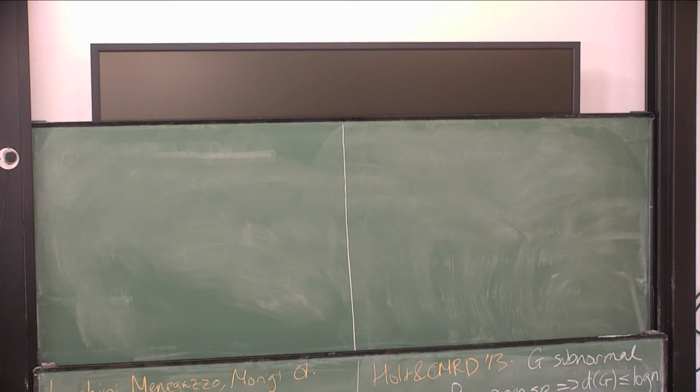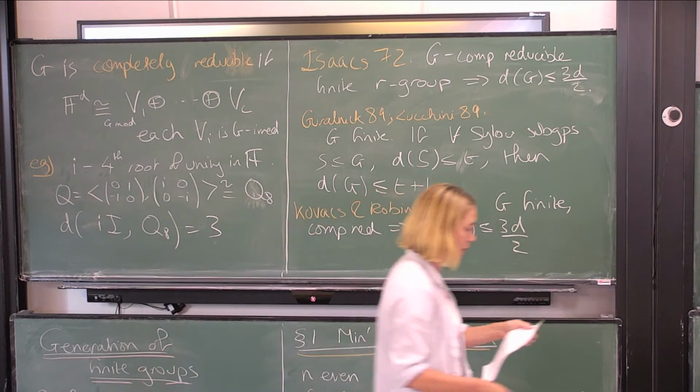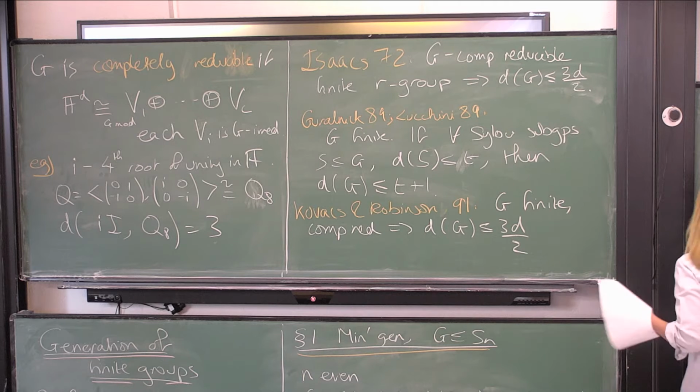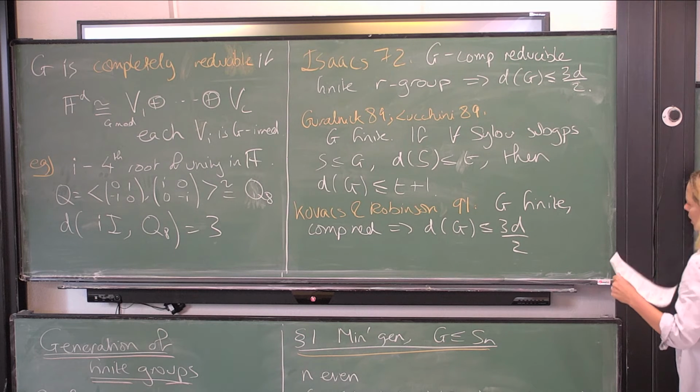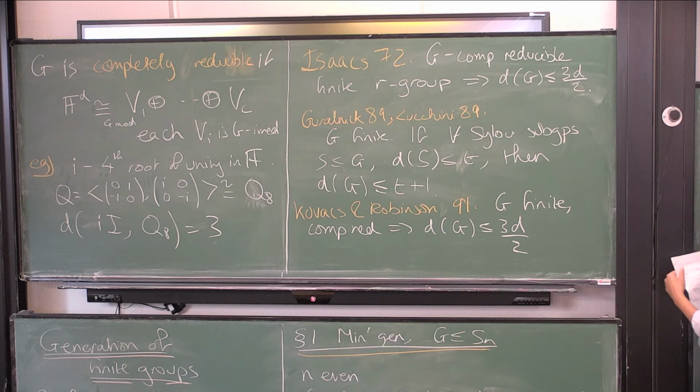But completely reducible, I said you can think of it as being like irreducible, but it's not the same as irreducible. So let's give Andrea a second appearance in this section. It's hard to squeeze him out. So, same authors, I think it's a different paper, but it's the same authors, Lucchini, Menegazzo and Morigi.